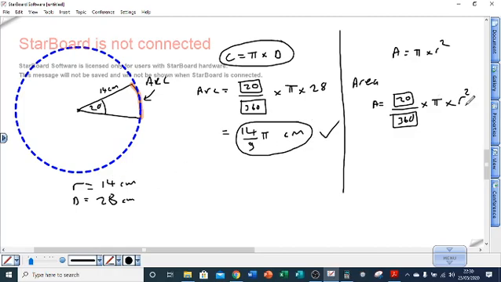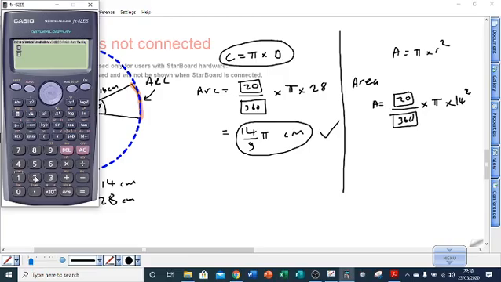Radius is 14, so I've got 14 squared, and that I'm going to type into the calculator. So fraction button, 20 over 360, come out, and times by shift pi times by 14 squared equals that, which is 100% accurate. Okay, and again, if you round it, then obviously you convert it, but I'm going to leave it in that format.